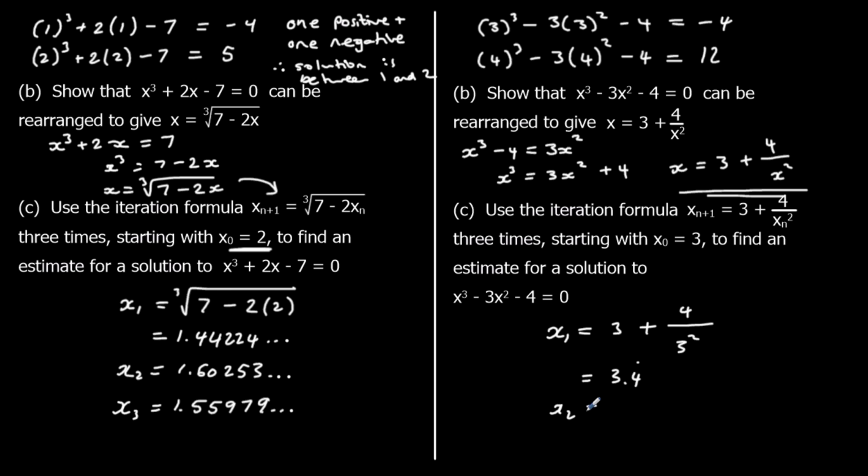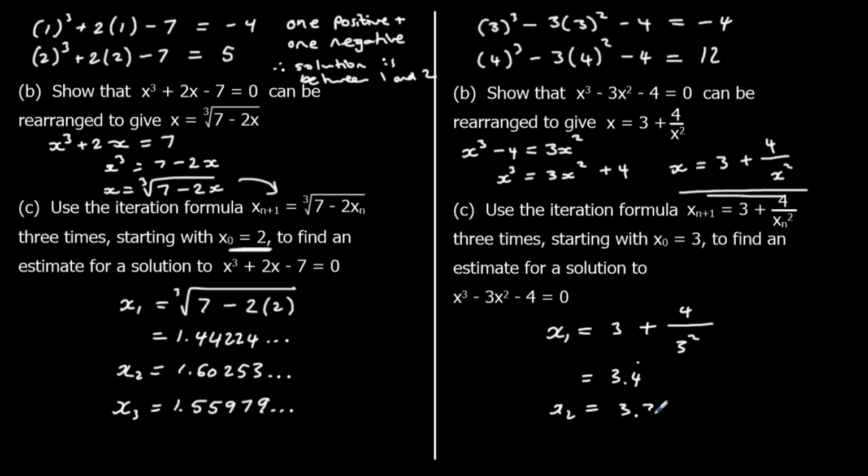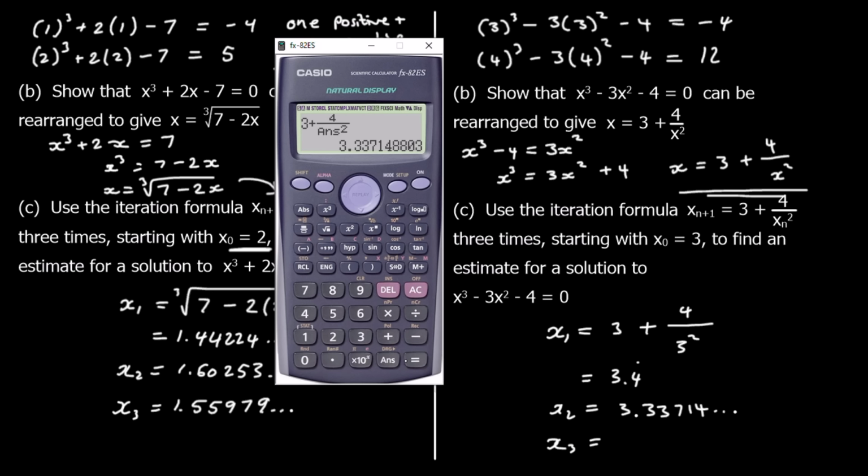For x2, I'm just going to press the equals button again. So it's 3.33714 and so on. And x3, just press equals again, and we've got 3.35917 and so on.